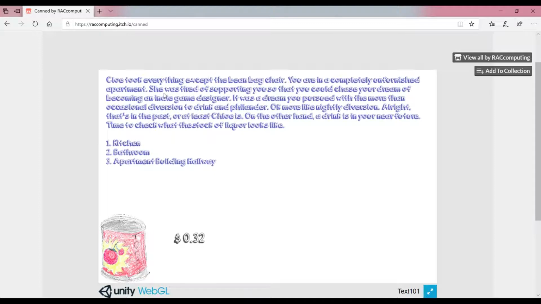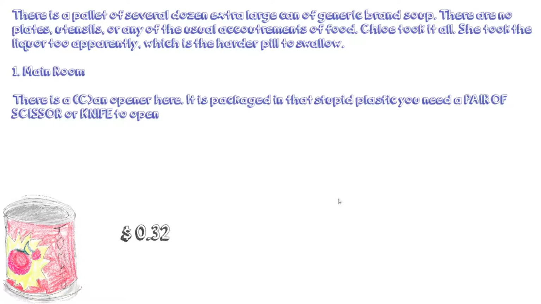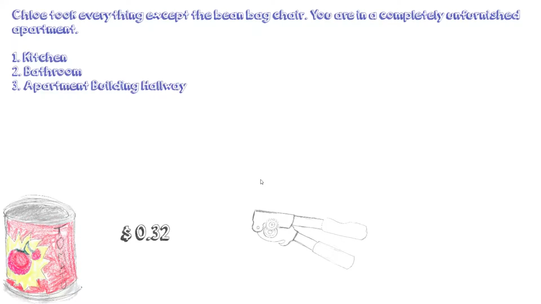And in the kitchen, we find our first item, the can opener. Press C to get it, and I'll show you what it looks like. Okay, so we get our can opener, and a hand-drawn can opener pops up. Now, we go back to the main room, and the text has changed because I changed the way scenes function.